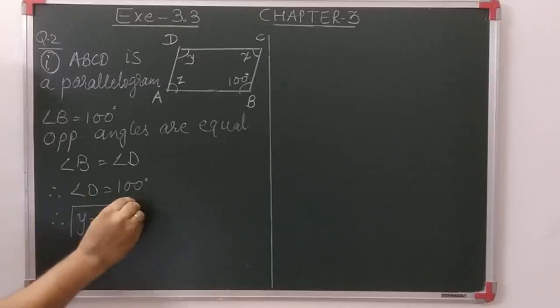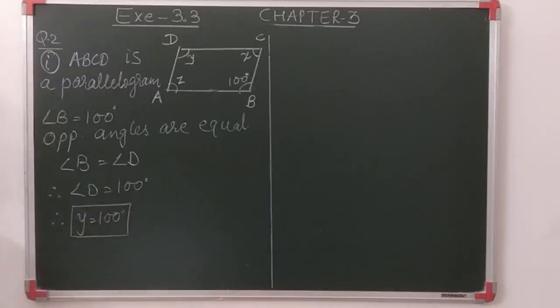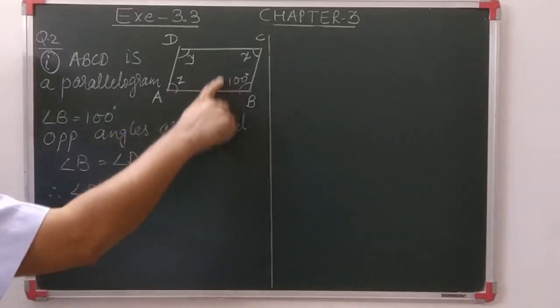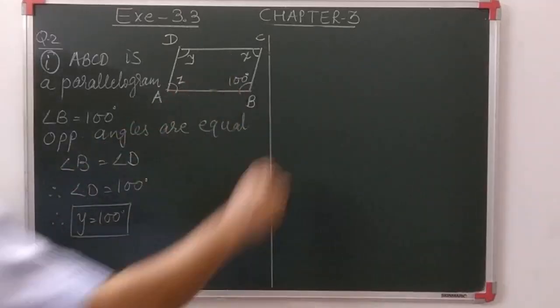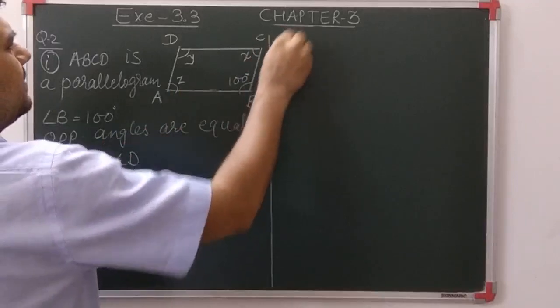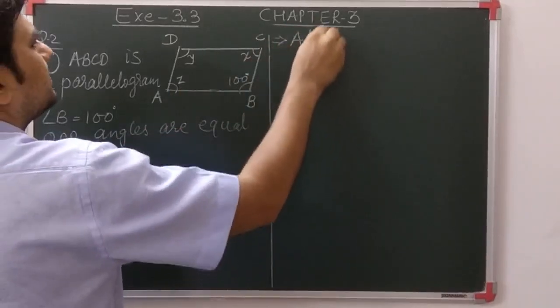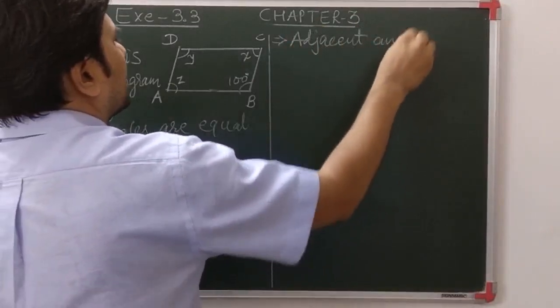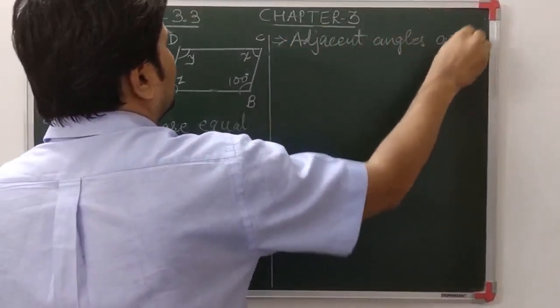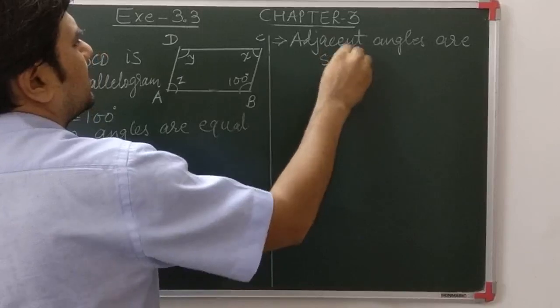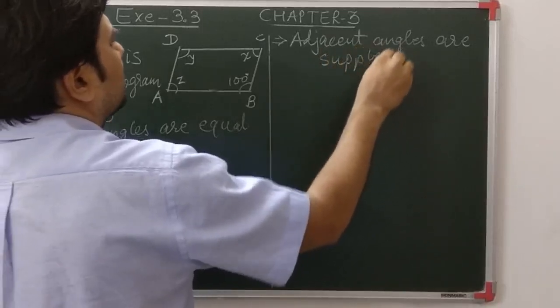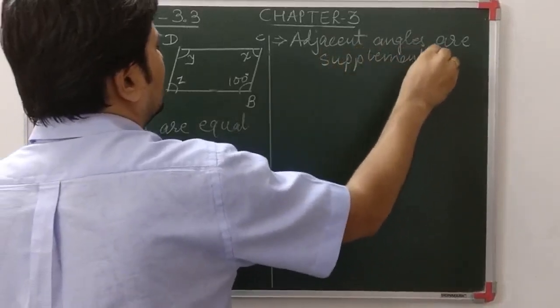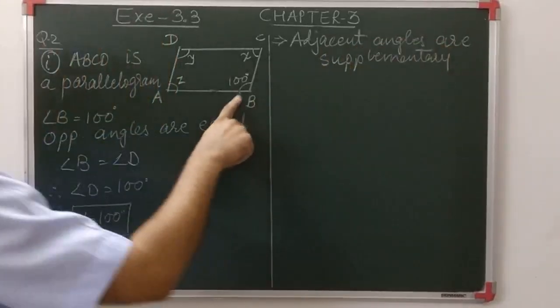So we obtain Y. Now one more characteristic about the angles, that adjacent angles are supplementary. So let us use that property. Supplementary means the sum is 180. So which is the adjacent of B?